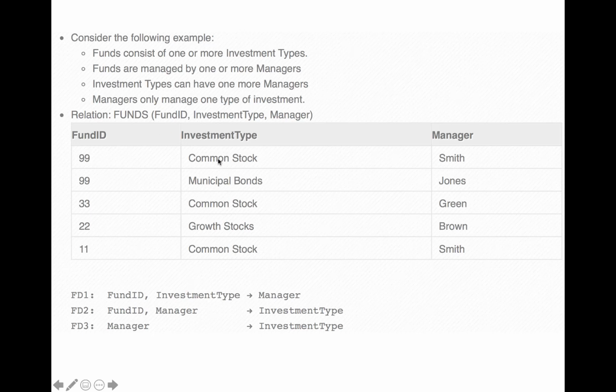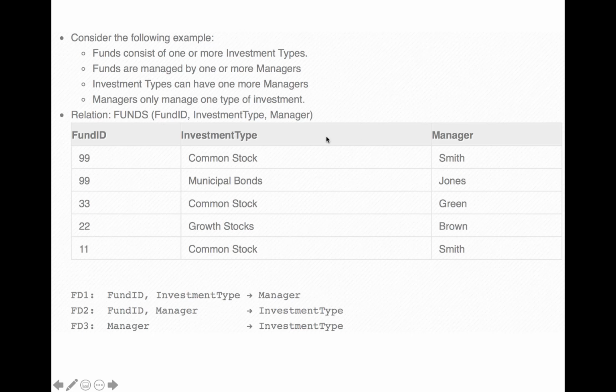So while one type of investment can have different managers, common stock can be managed by Smith, common stock can be managed by Green, common stock can be managed by Smith again. But Smith can only manage common stock. So you cannot see Smith other than with common stock.